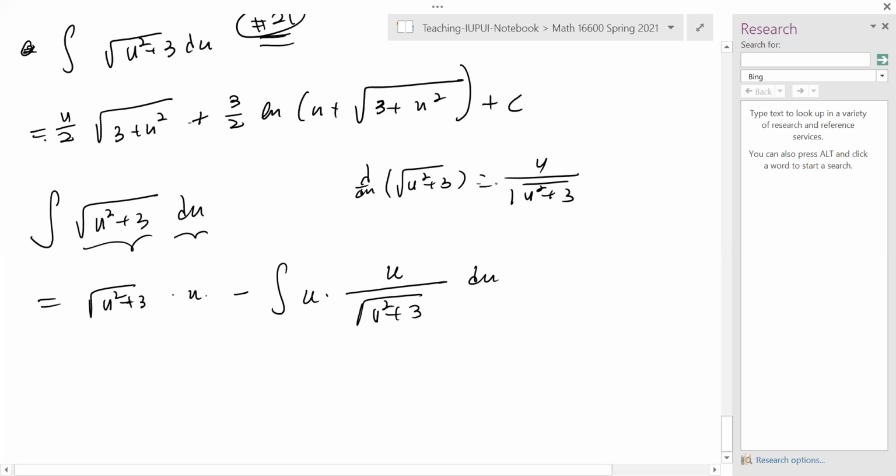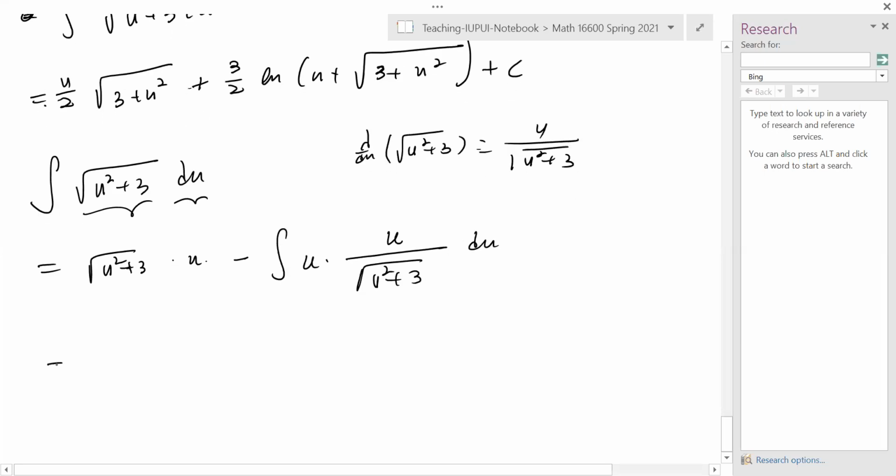Then what are you going to do? The numerator is just u squared, but I can write u squared as u squared plus 3 minus 3.